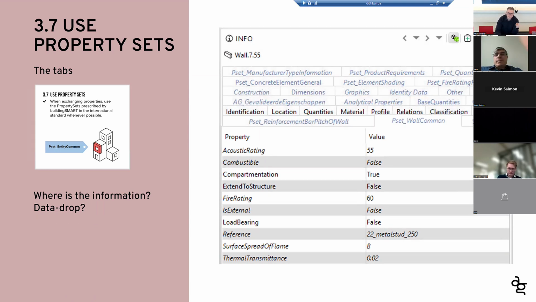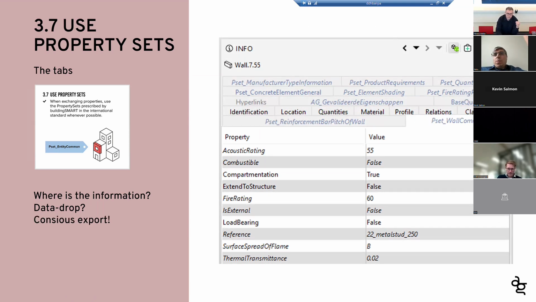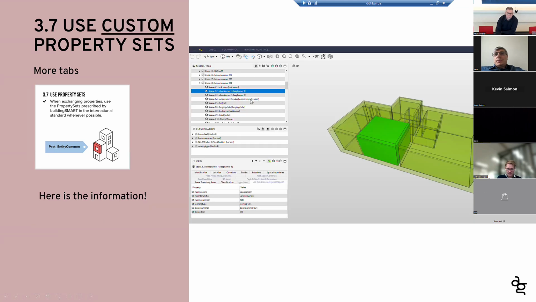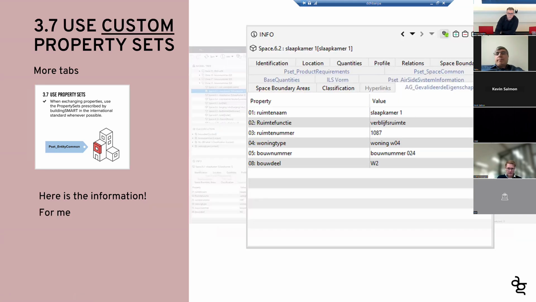What you see here is the same export, but with the Revit settings export turned off. What you see is that we just have a lot fewer properties. And especially this one, these are what I call validated properties.